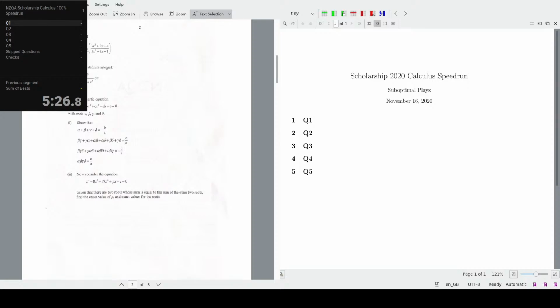Therefore a times (alpha plus beta plus gamma plus delta) is equal to negative b, which implies alpha plus beta plus gamma plus delta is equal to negative b on a. Then a times (alpha beta plus alpha gamma plus alpha delta plus beta gamma plus beta delta plus gamma delta) is equal to c, which implies that alpha beta plus alpha gamma plus alpha delta plus beta gamma plus beta delta plus gamma delta is equal to c on a.